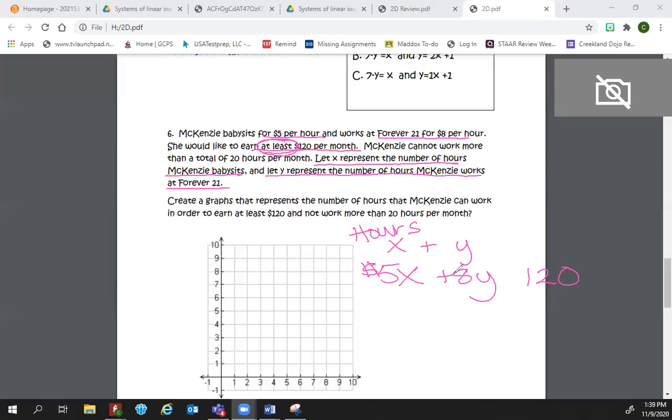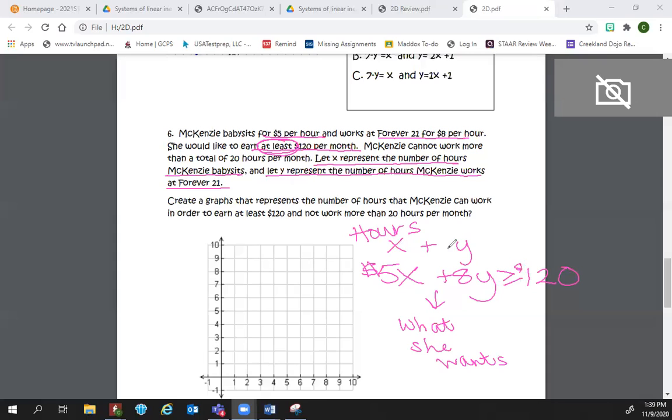This has to be greater than or equal to, right? Because this is what she wants, right? And you can write that, what she wants. It has to be greater than or equal to $120.